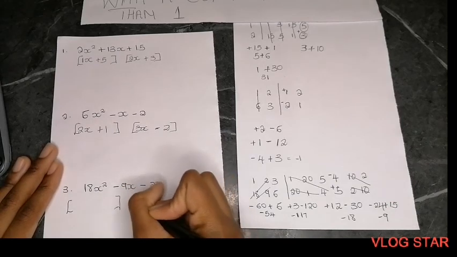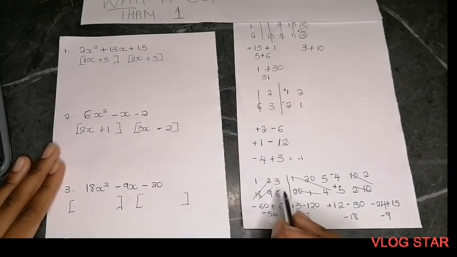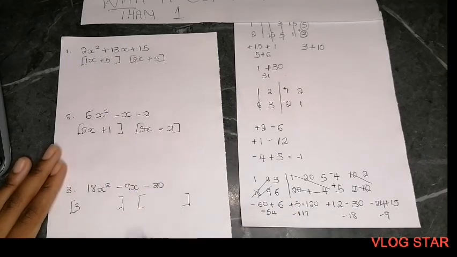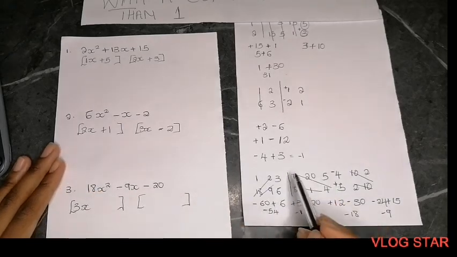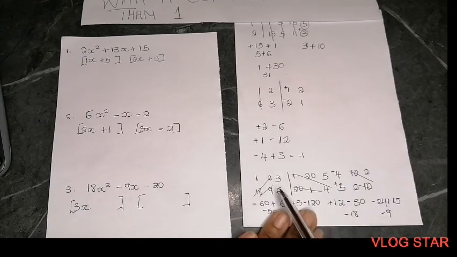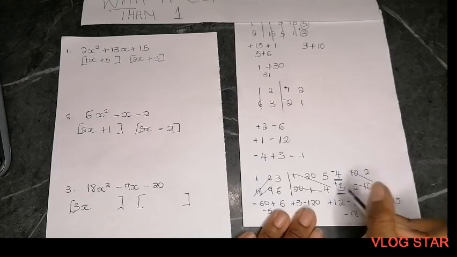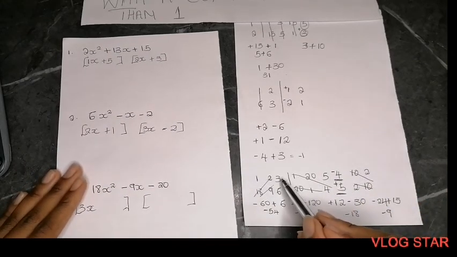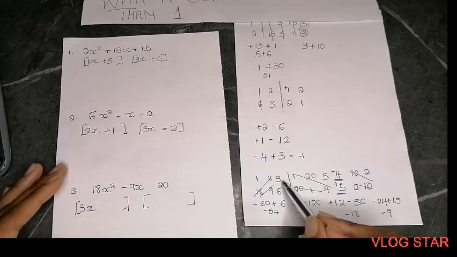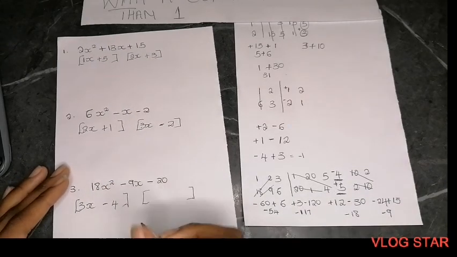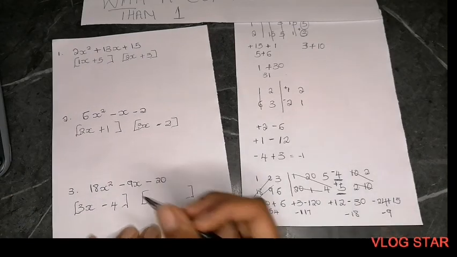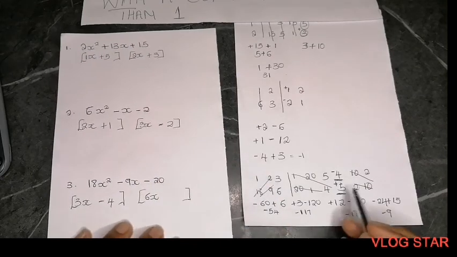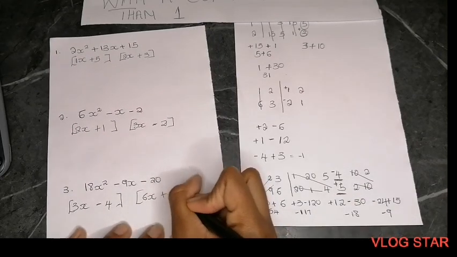Open two brackets, and then we're going to place our numbers. 3, don't forget the x, 3x, and then the number on the same row with 3x is negative 4. So negative 4 and 3x will be in the same bracket. Then moving on, our 6x and then our positive 5.